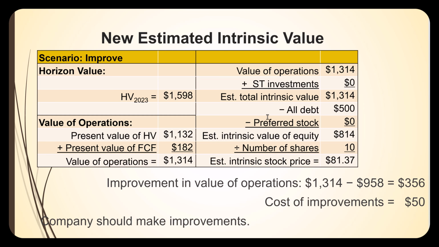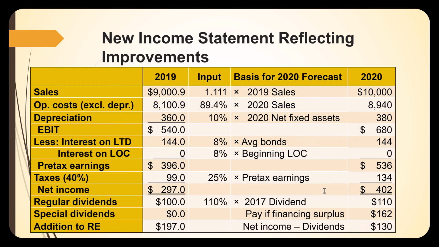The new intrinsic stock price with these values is now $81, a huge increase over the last time. This improvement in value of operations went from $958 to $1,300, and it only cost us $50 worth of improvement. So I think obviously the company should make these improvements.